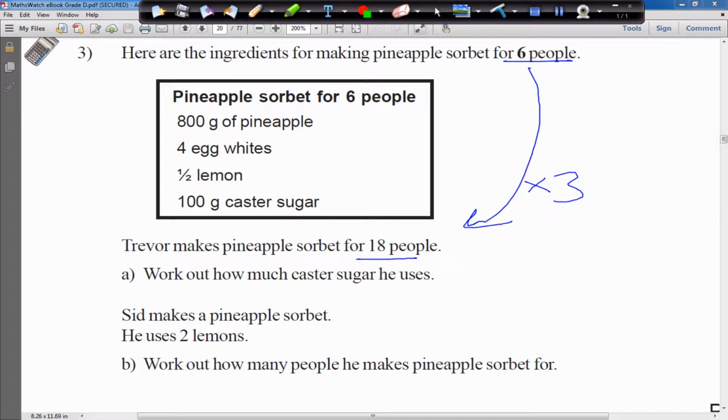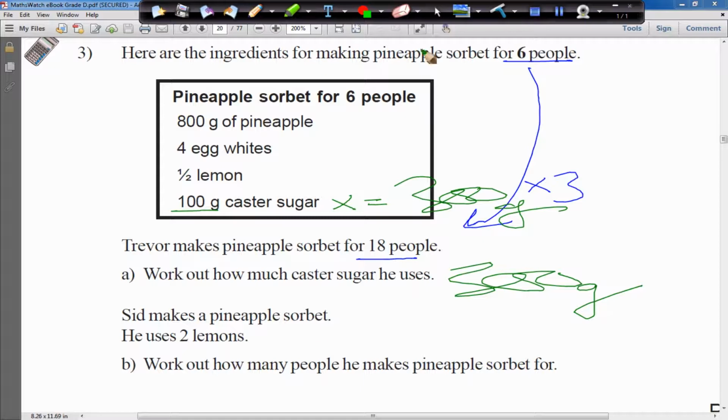And we've got to work out, what have we got to work out? Caster sugar. So how much caster sugar do we have first? 100 grams. And then you're going to multiply that by 3. That gives us 300 grams. Done.